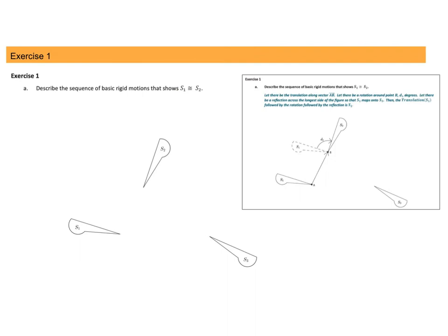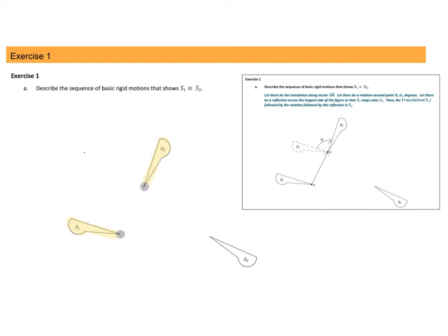All right, for exercise 1, we're going to be doing the exact same thing I just showed you. We're going to describe the sequence of basic rigid motions. Remember, those are translations, rotations, or reflections that would map S prime to S, or S1 to S2. So we're starting with this figure right here, and we're trying to get it here. So what's the first thing we're going to do? Well, we always want to match up at least one point. We can always just slide it. So the first thing I think we should do is we're just going to slide this point to right here.